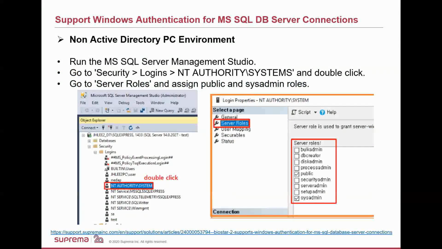The setup for a non-Active Directory PC is quite simple. First, run the MS SQL Server Management Studio. Second, go to Security, Login, Anti-Authority Systems, and double-click. Third, go to Server Roles and assign public and sysadmin roles.